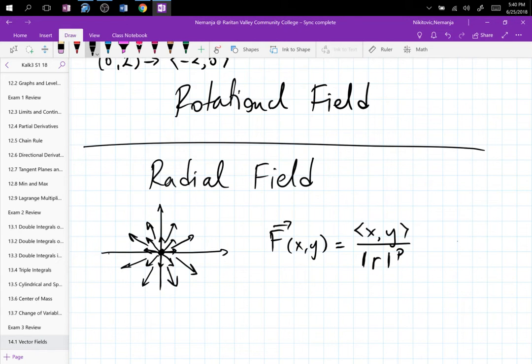So you pick a number, P, the exponent. You can put a square, but you can also put 1/2, and you can figure out what happens to those.